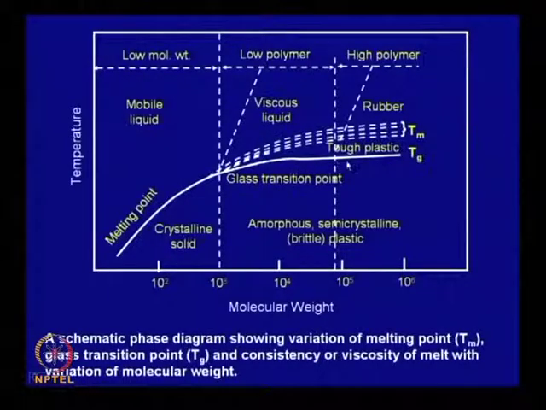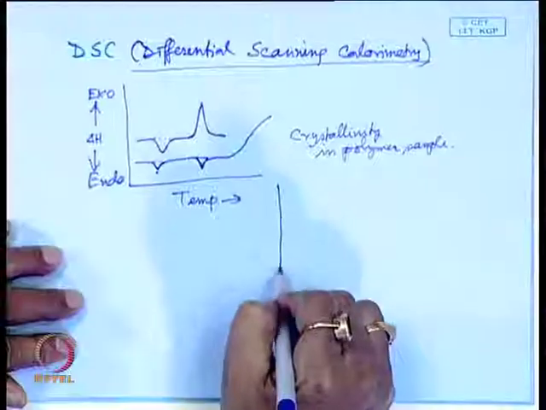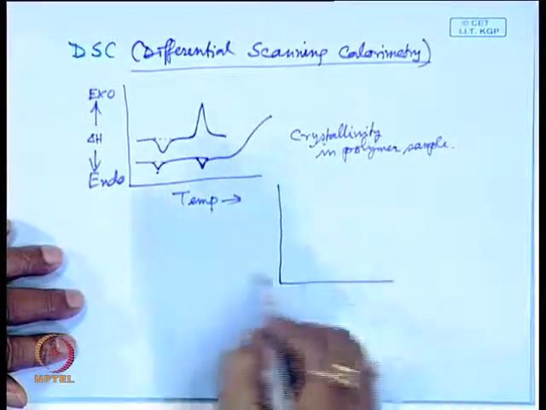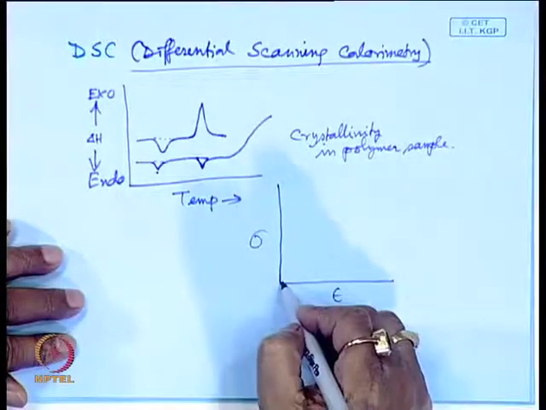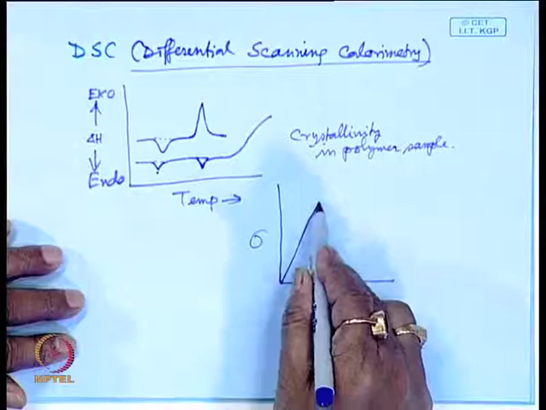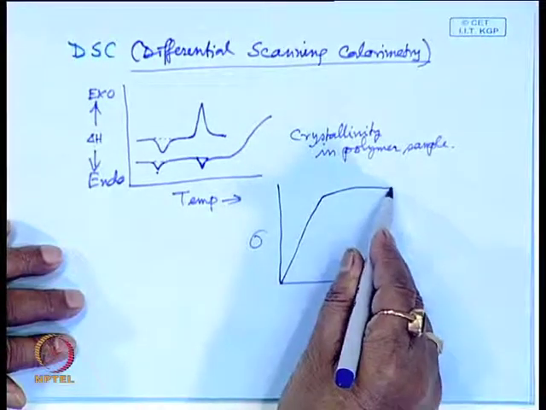Why is it called tough? Now, if you want to understand toughness, if you look at the stress strain curve, toughness depends on the stress level as well as the deformation level.